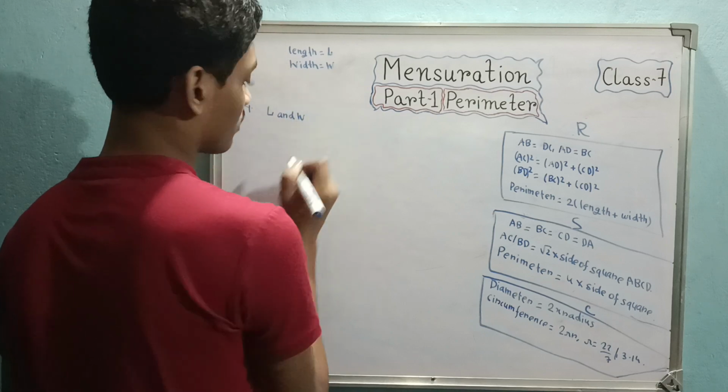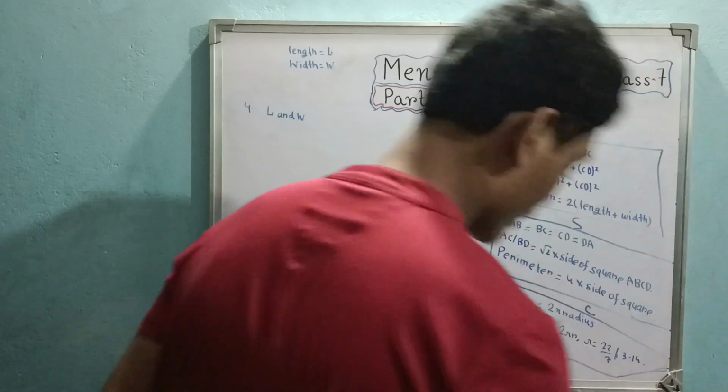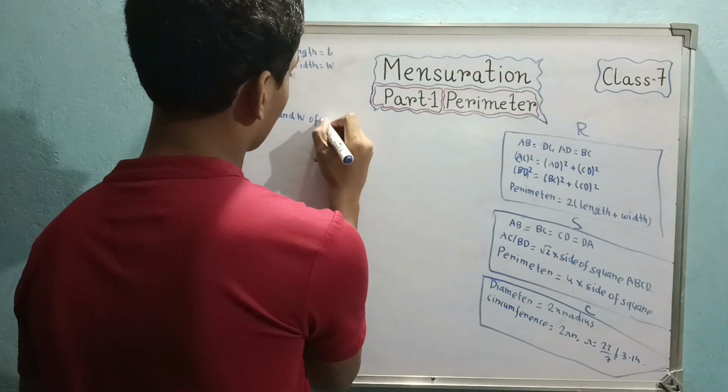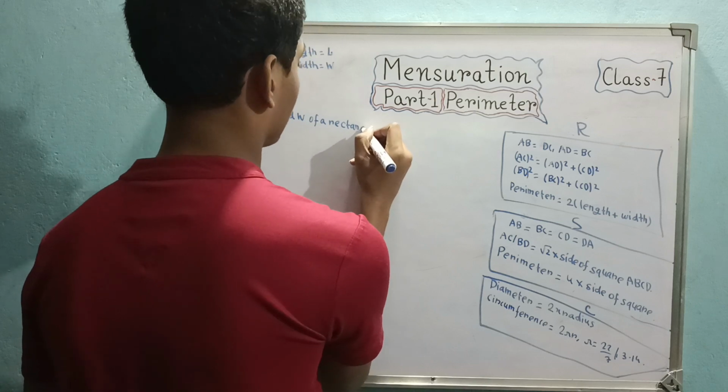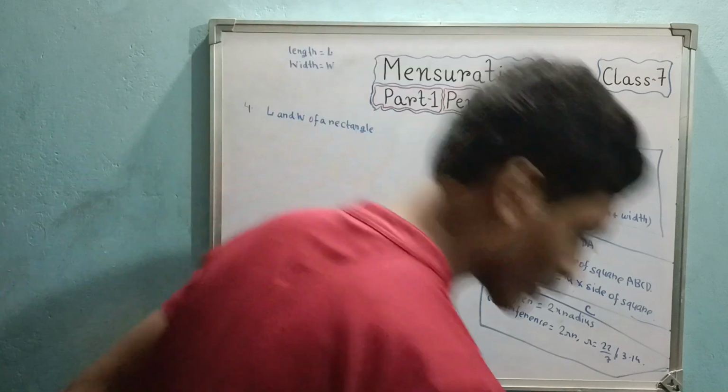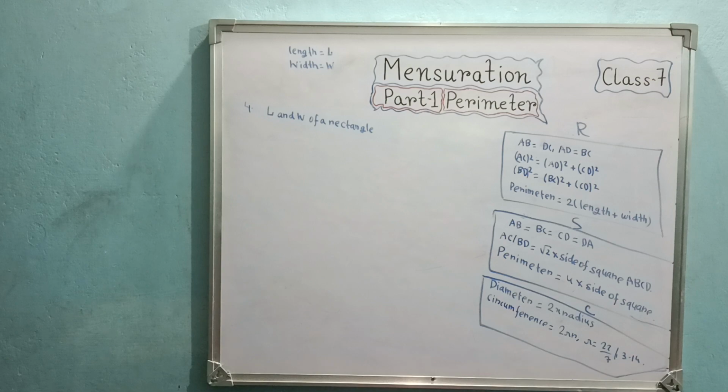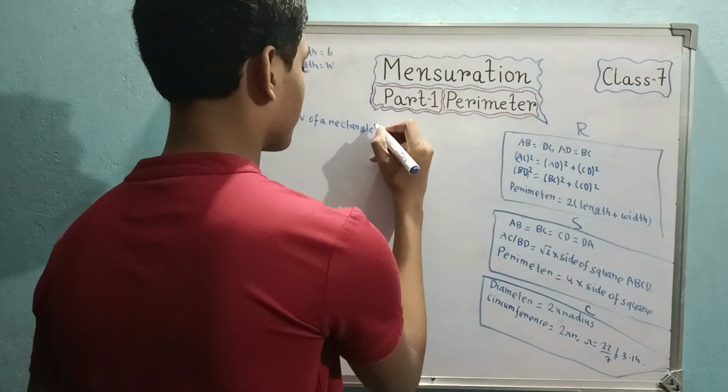Length and width of a rectangle are 36 centimeter and 28 centimeter.